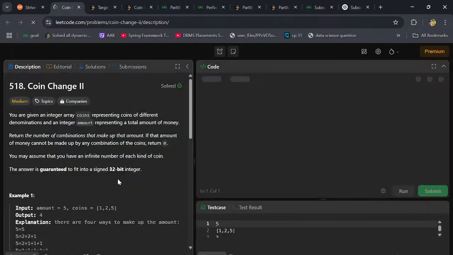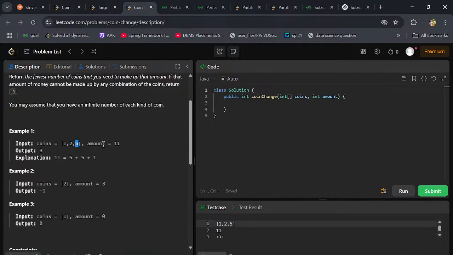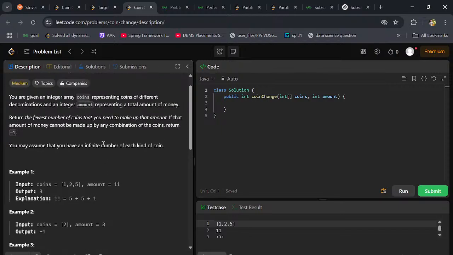Coin change. This is also the same problem, but there are 4 ways to make that amount. In the previous problem, what you wrote was how many coins we need, right? How many coins, the fewest number of coins to make that amount.